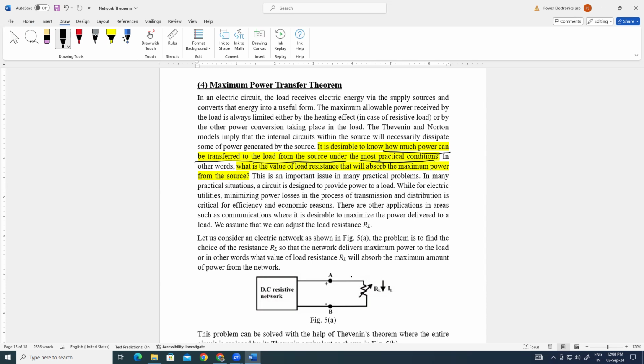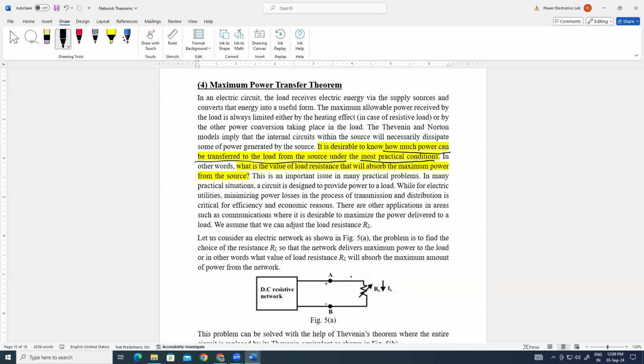Whatever power the source delivers to the load cannot exceed the capacity of the source. If the source has a capacity of 200 watts, it can provide output power to the load within that limit. It cannot provide 220 watts or 230 watts. Based on the capacity of the source, we can achieve the maximum power being transferred to the load.